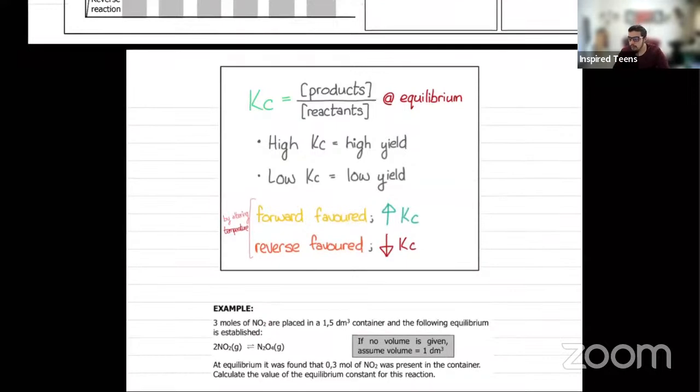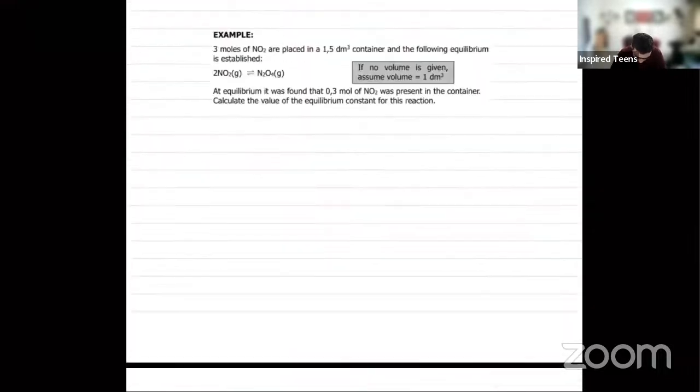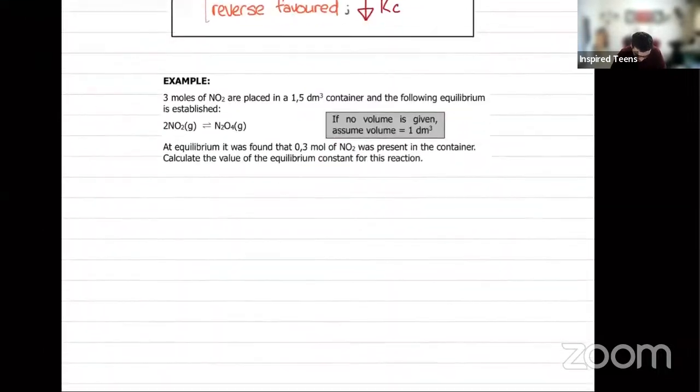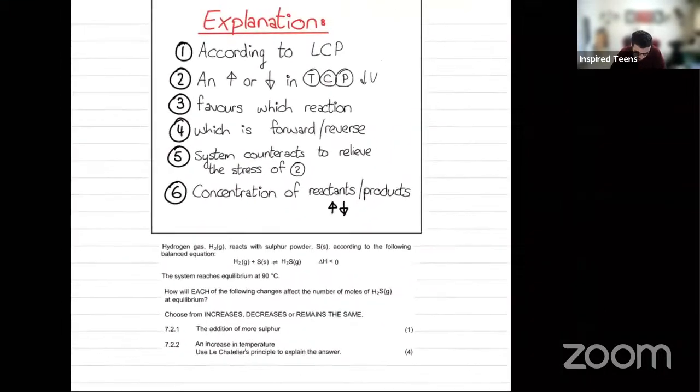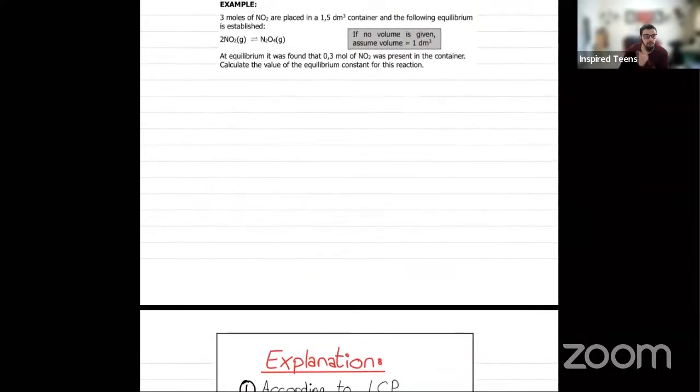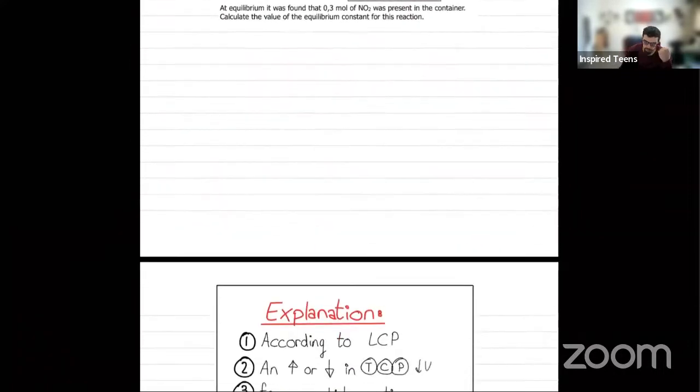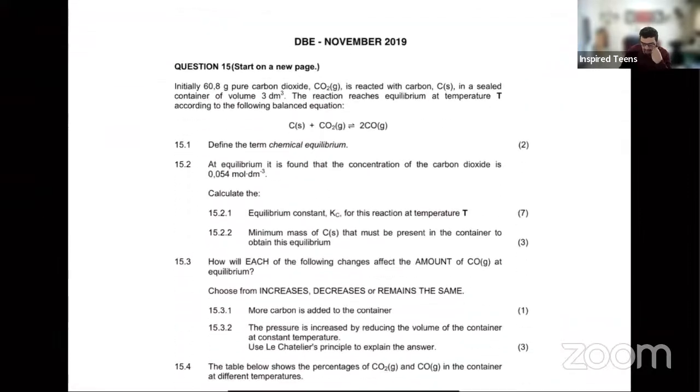Now let's move on to discuss Kc calculations. We're going to discuss Kc and perhaps try out a question and then hopefully get to the explanation. Even if we take a bit of extra time, I would like to finish these two pages.